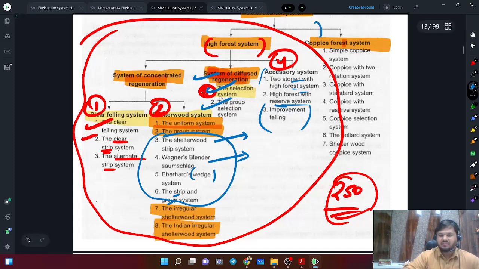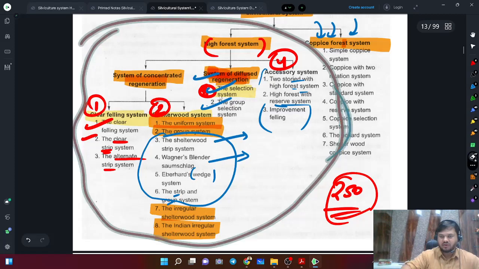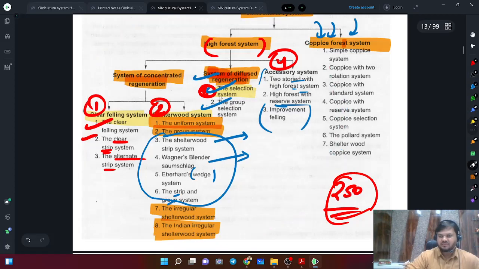Similarly, we have coppice forest. So here, instead of seed origin, it is coppice. The origin of the tree, origin of the forest is through coppice, right? So again, there is simple. It has 6, 7 variations here. What are those variations? First one is simple coppice system, right?